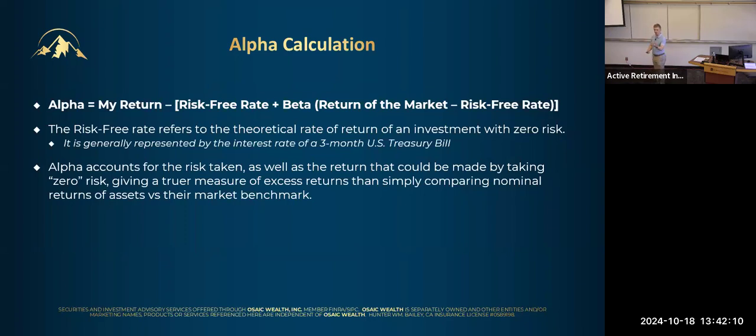So if you were to take the S&P 500 and your growth fund, and you see the difference, and you just subtract it, and you go, look at all this extra money I made, we are not taking into account the extra risk you took on to make that extra money. This does. If you compare the S&P 500 to an S&P 500 ETF that has 5 basis points of cost, then the fund that has the cost has to have a slightly negative. Yeah, they'll have a tiny little bit of negative alpha just based on that fee.